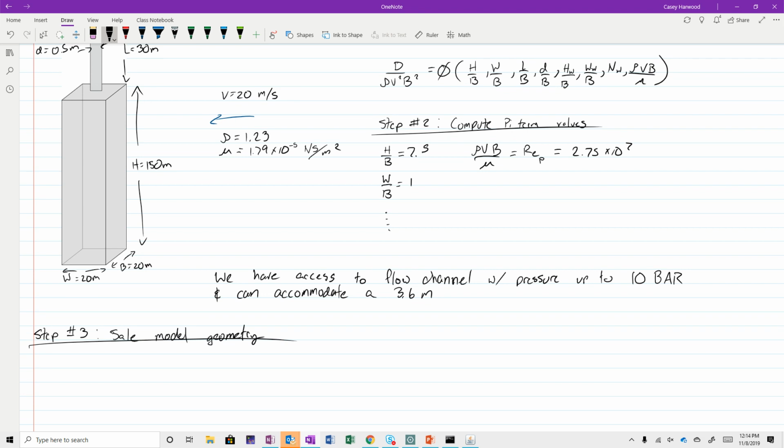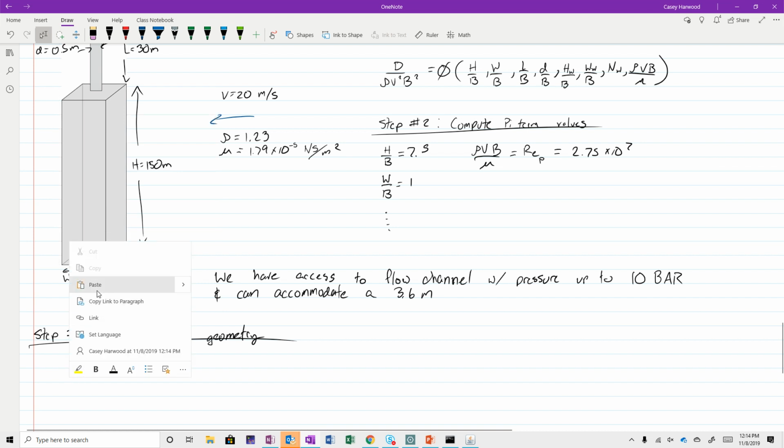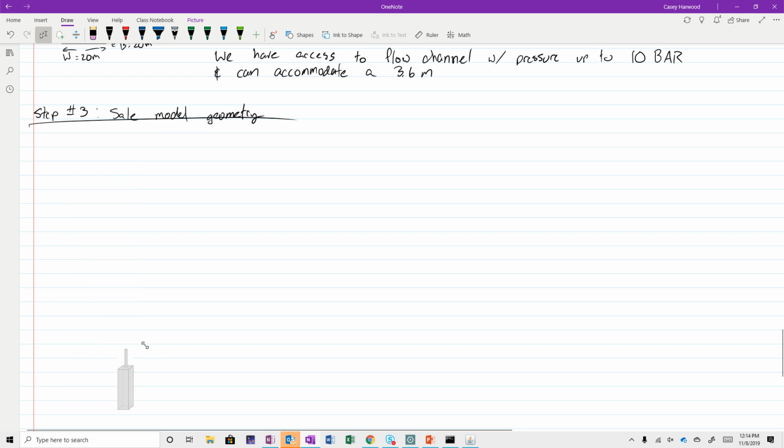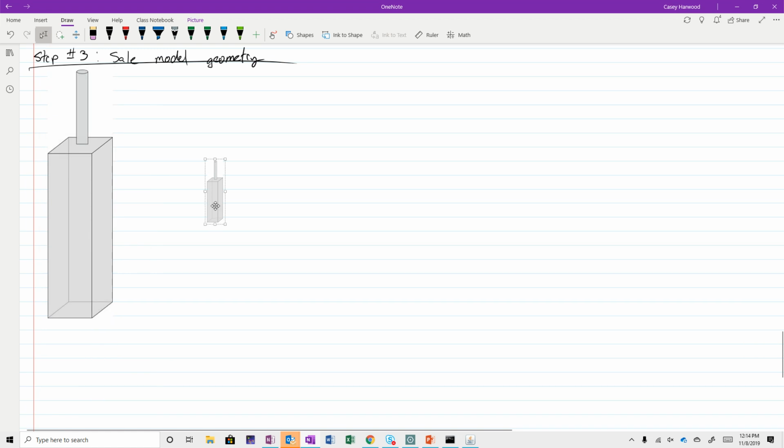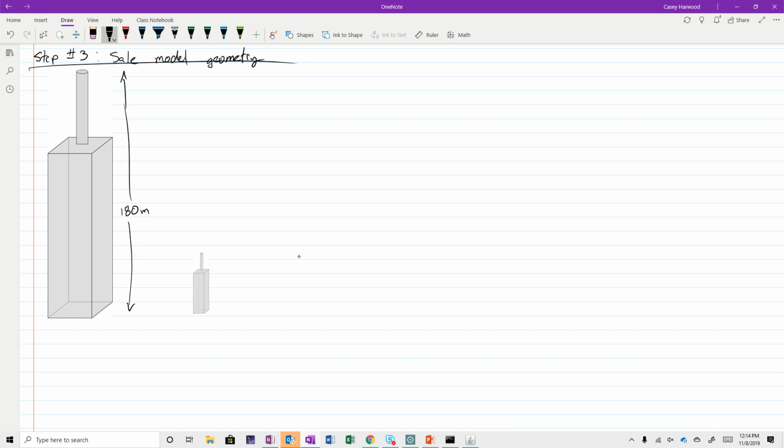So if we're limited to, if the total height of this thing, the building plus the spire on top, is 180 meters, that 150 meter building plus the 30 meter smokestack, and the tallest model we can get in there is 3.6 meters.